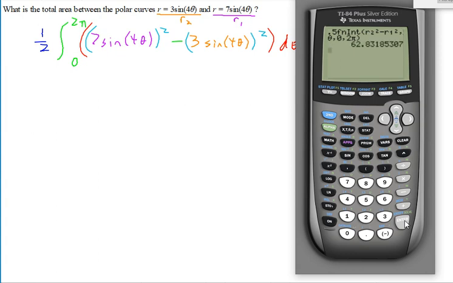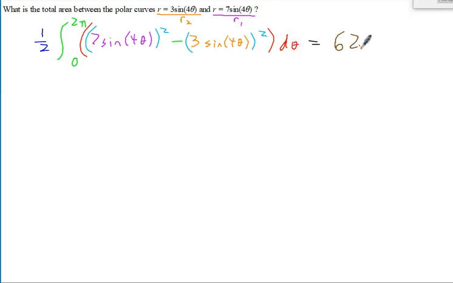And we get 62.832. Again, it's area, so you could write it in square units, but you don't have to.